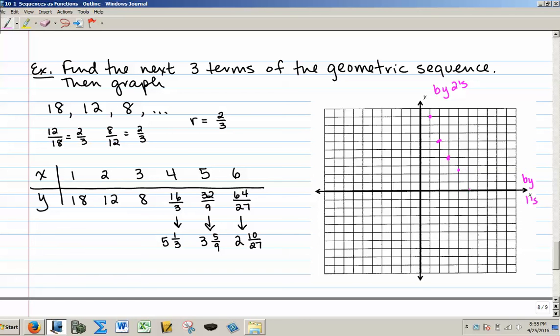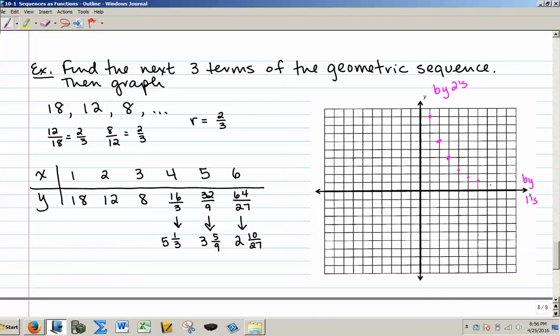And 5, let's call it about 3 1/2, so 2, 4 would be there, 3 1/2 would be right about there. And 6, that would be 2 plus just a little bit, so something like that. Okay? And again, we do not connect these dots.